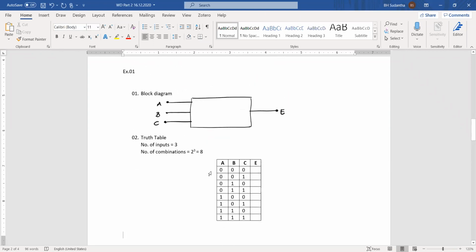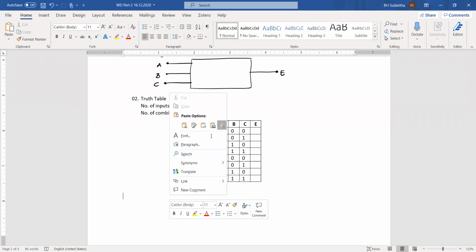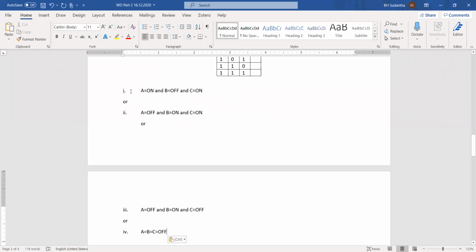Now we have to include the conditions there. What are the conditions coming from the previous problem?